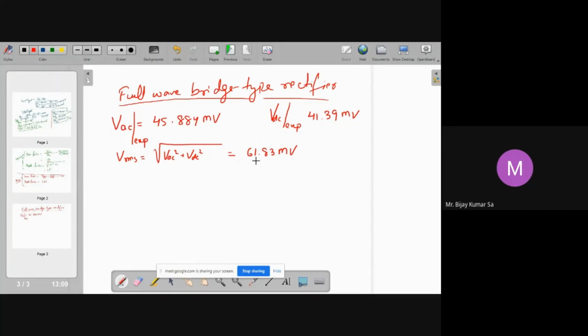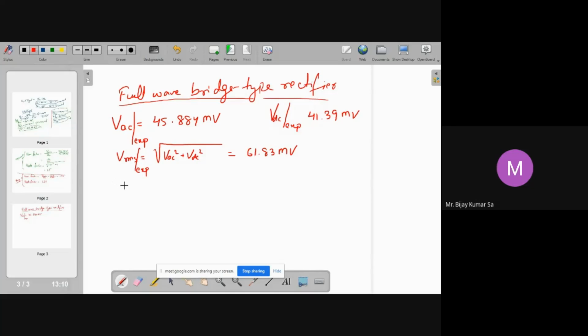Yes. So these are the full wave bridge type rectifier VAC, VDC, and VRMS experimental values. Although I am writing it as experimental, it has been calculated using the experimental values of VAC and VDC. Directly, I cannot calculate the experimental value of VRMS.